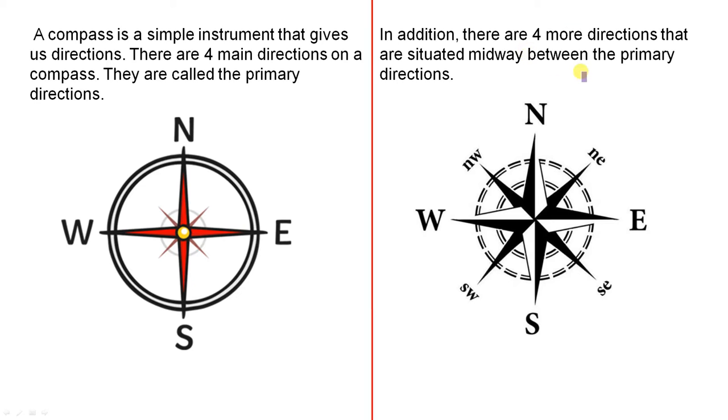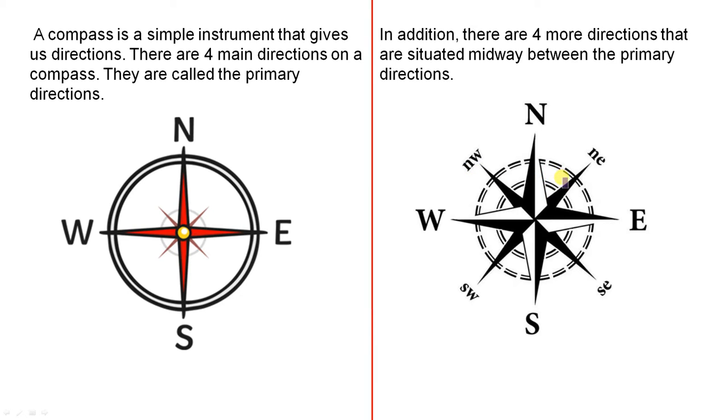In addition, there are four more directions that are situated midway between the primary directions. So between north and east we have northeast, between south and east we have southeast, between south and west we have southwest, and between north and west we have northwest.